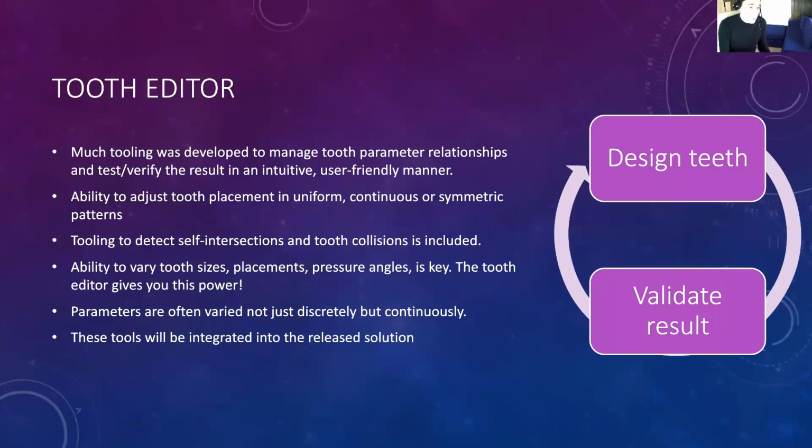And even when you do observe these constraints, sometimes you end up with tooth collisions and you have to modify your design. So I give the user in my tooling the ability to check and detect some of these tooth collisions, and then also suggest and allow you to make modifications to the tooth design so that you can resolve them. And all this tooling will be in the release solution.